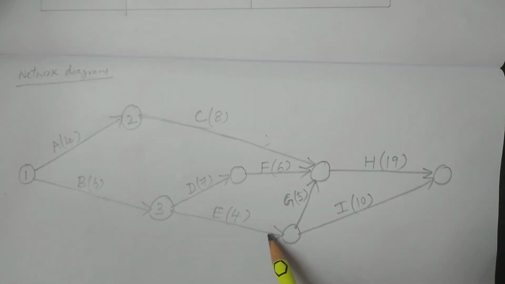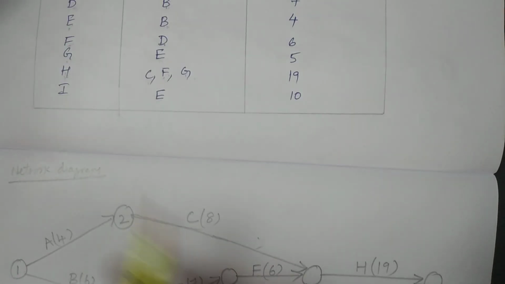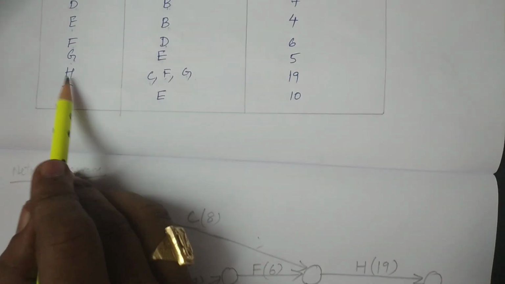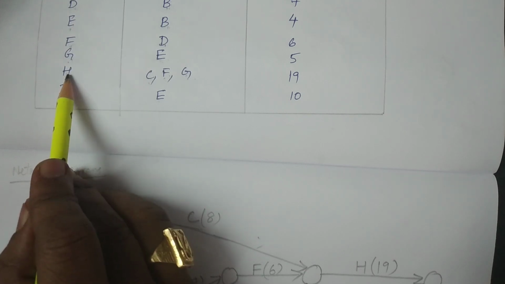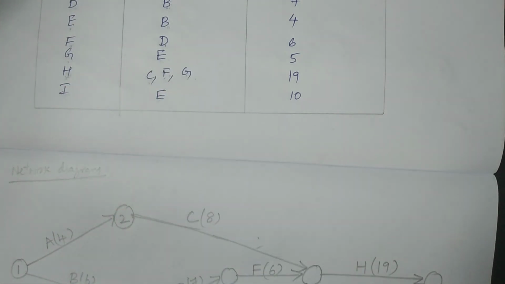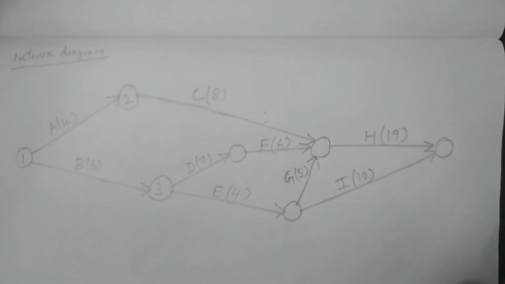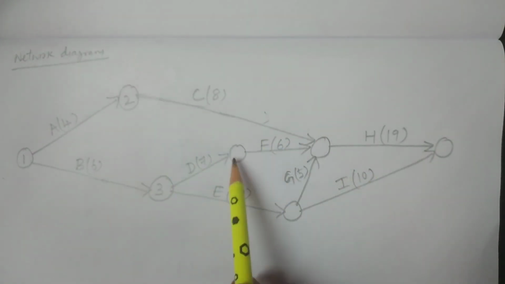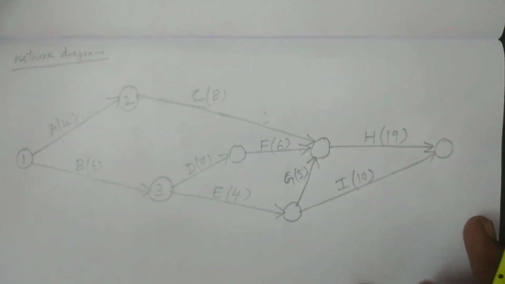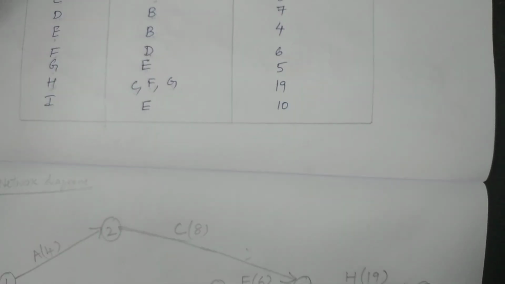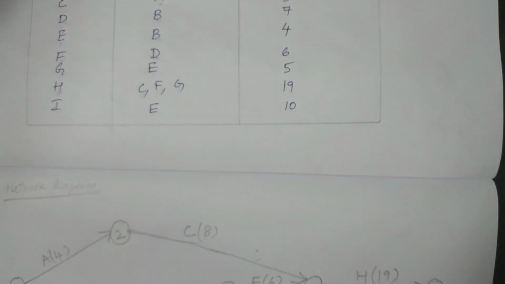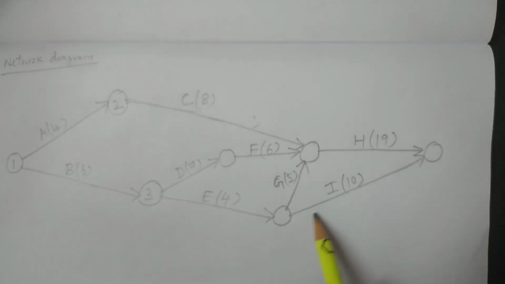Right, clear? And then two more relations here. Before H, C, F, G are to be finished. Therefore, it is right. And then before I, E should be finished. E was finished.